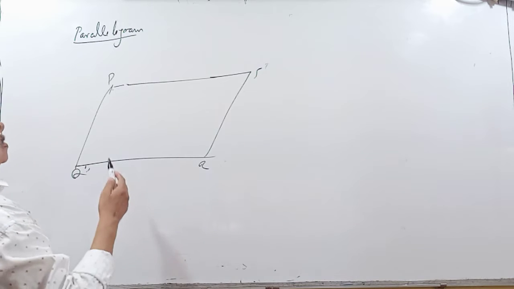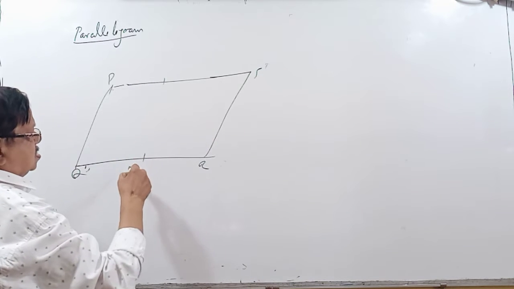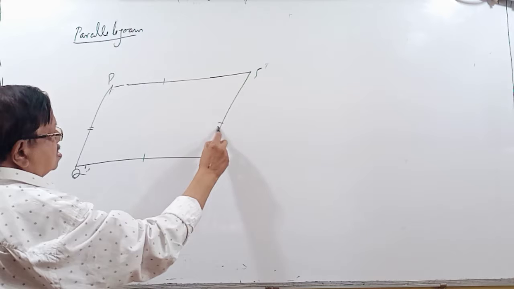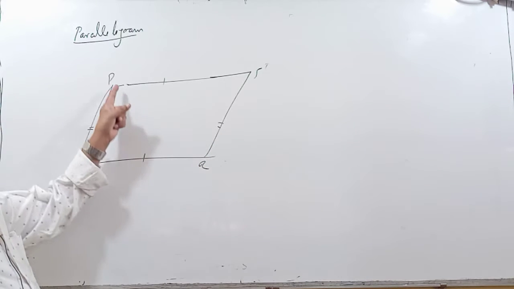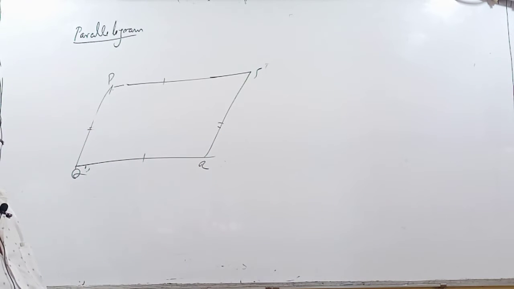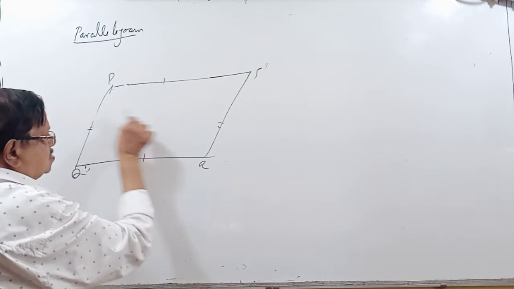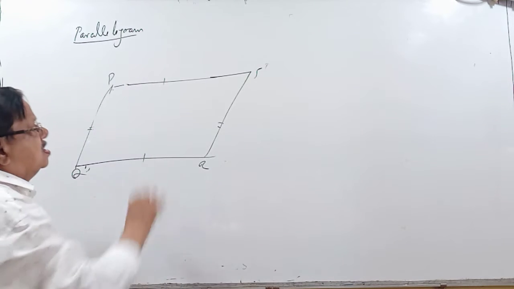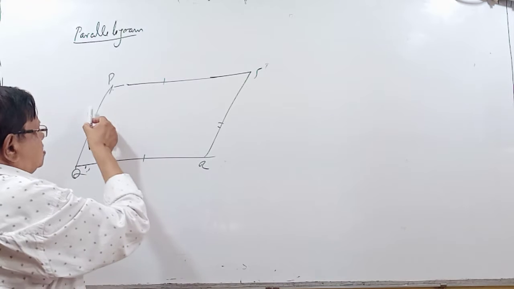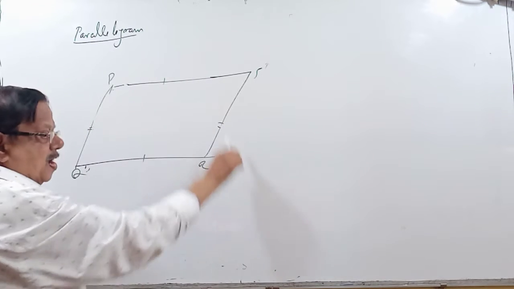Suppose I tell you that this is congruent to this and this is congruent to this, it means that this is a parallelogram. The reverse statement. First statement was if this is a parallelogram, this is congruent to this and this is congruent to this. Reverse statement is if this is congruent to this and this is congruent to this, it is a parallelogram.